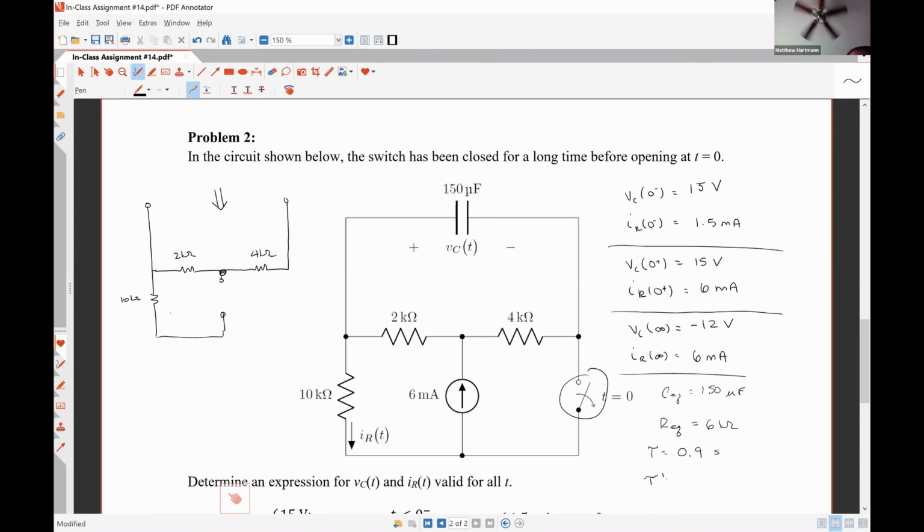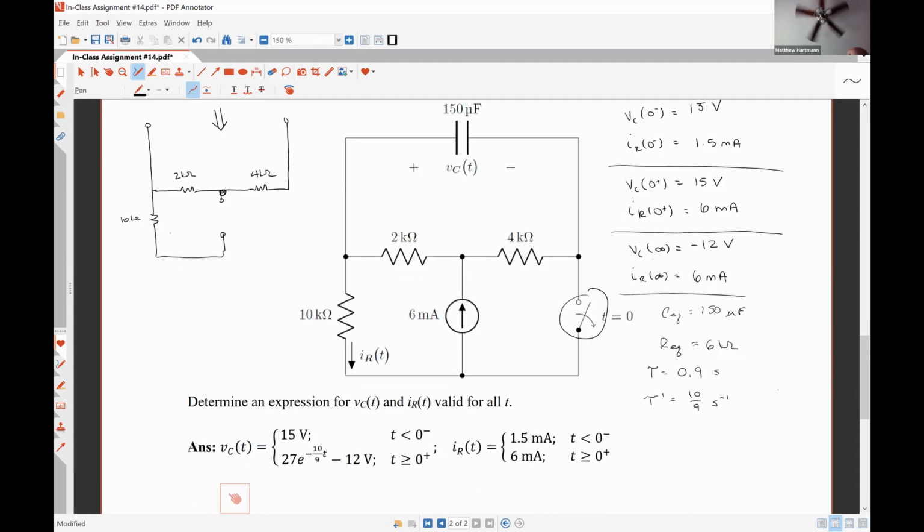And the inverse of tau is then, that's 9/10, so it should be 10/9 per second.